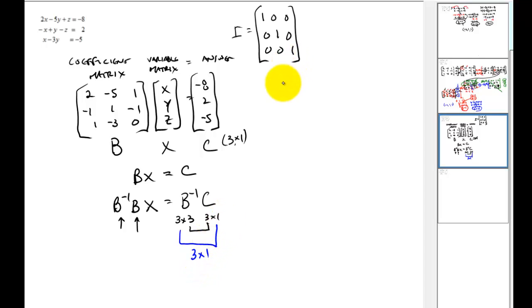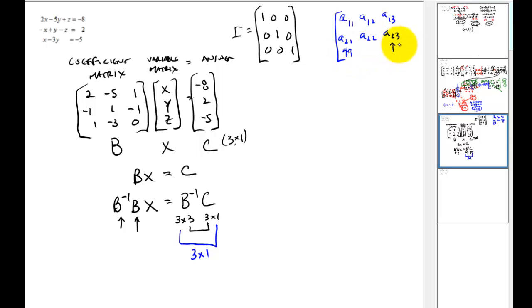When you're working with matrices, a matrix is just an array of numbers. So this is A11, this is A12, this is A13, and so forth. This is A21, this is A22, this is A23. With those subscripts, the first number is the row, the second number is the column. So this is row 2, column 1.